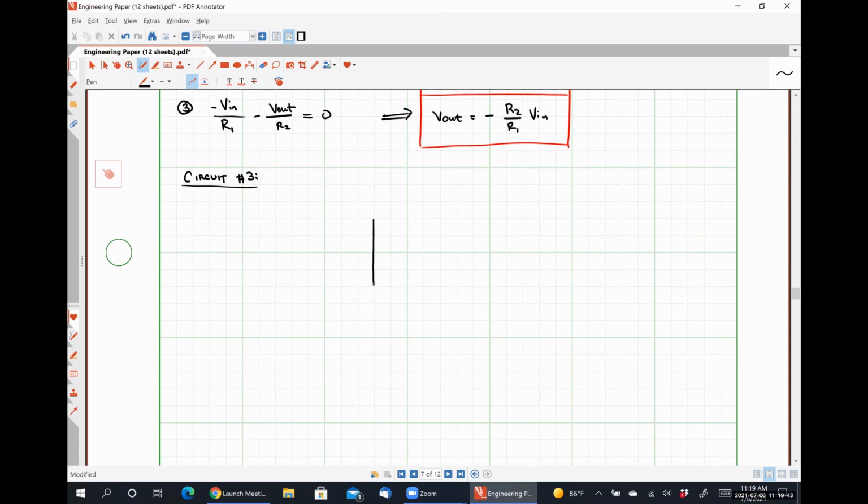All right, so give myself some room here. I'm going to call this guy RF now, and you'll see why momentarily. So it is a feedback resistor. I'm going to ground my non-inverting input.